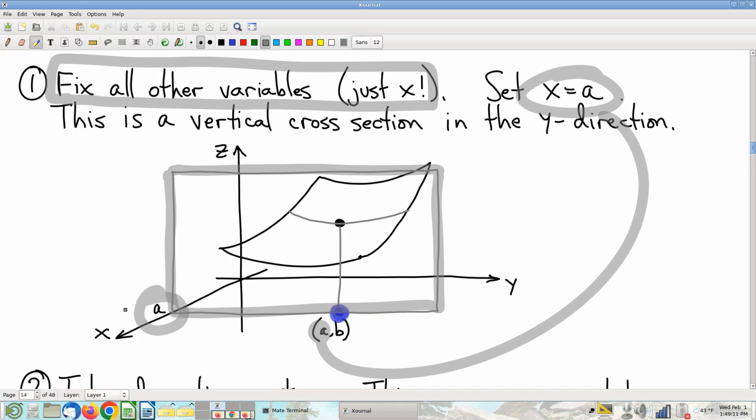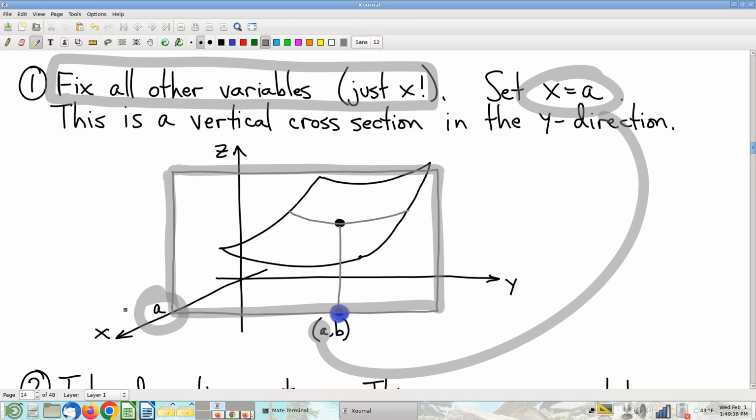Okay. All right, so there's our first part of our geometric interpretation. This algebraic process of fixing these variables, geometrically, in the graph context, just means we're going to take a vertical cross-section perpendicular to the x-axis, because that represents a constant value of the x variable. All right, is everybody okay?